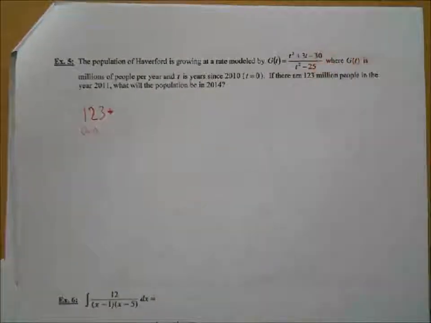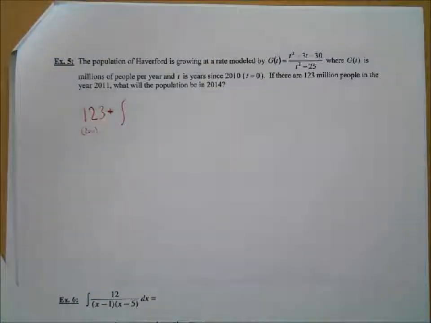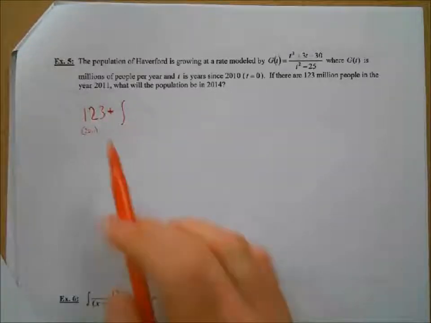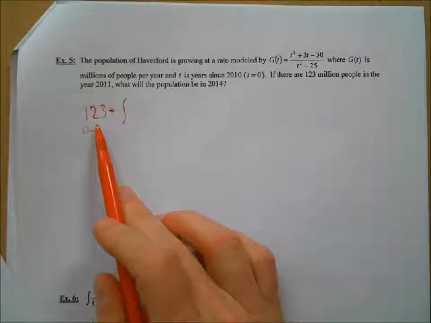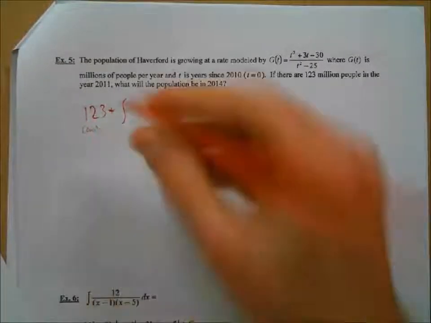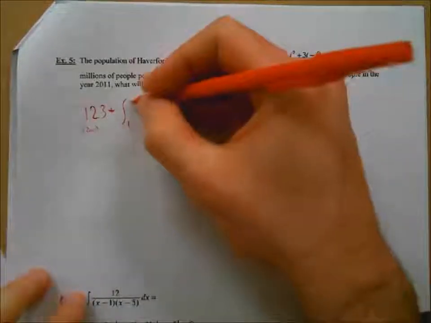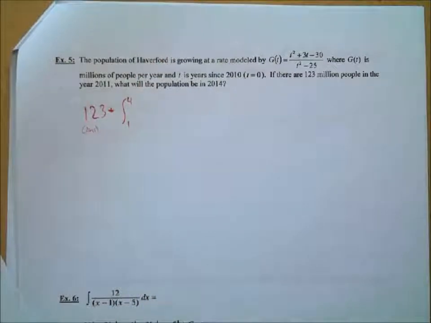What do we have to do with that rate? Integrate it. Okay. And we're going to integrate from what to what? This 123 is in the year 2011, so that's time t equals 1. And we want to integrate up to 4 because we want to get to 2014.